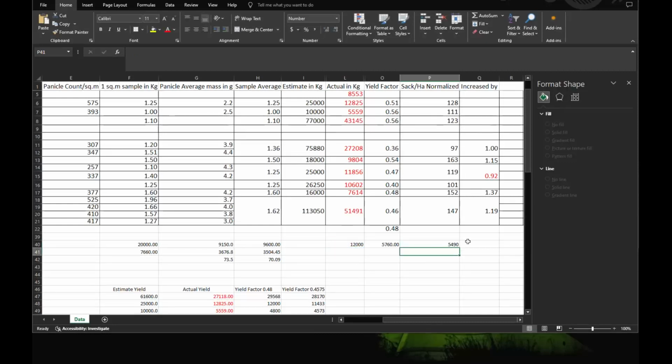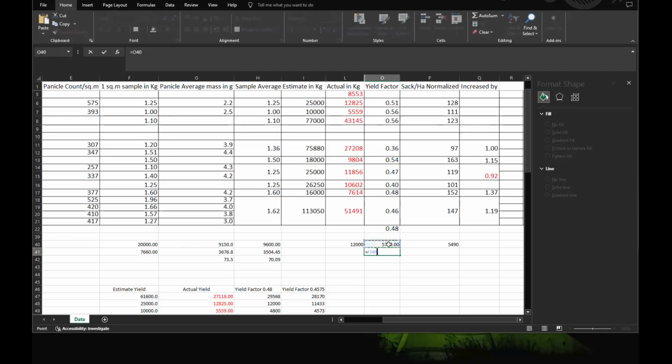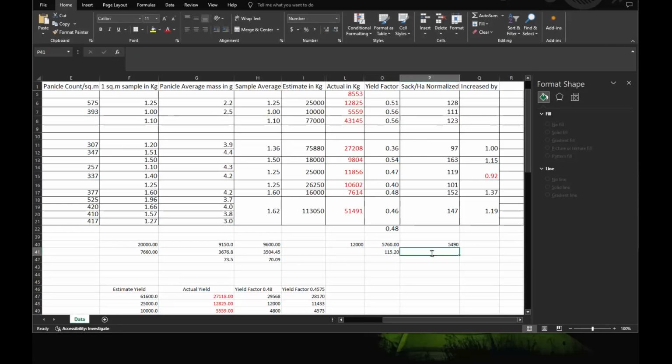So again, if you notice, no big deal. Now what is that in kabans? Normalize at 50. So 115. So 110. Around 5 kabans difference.